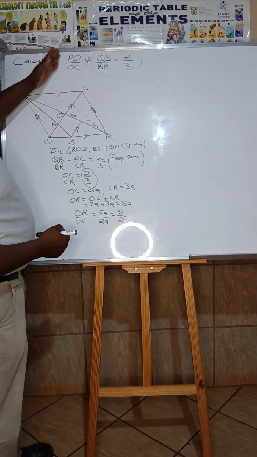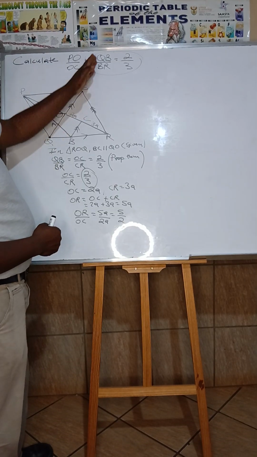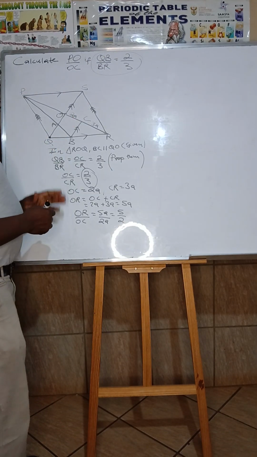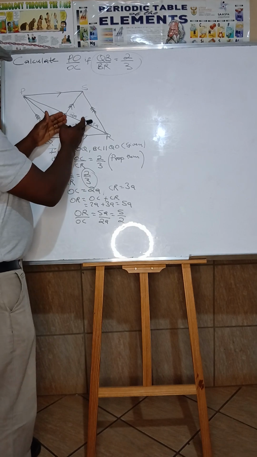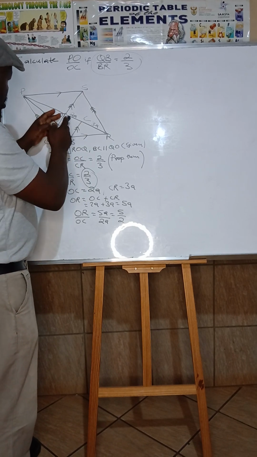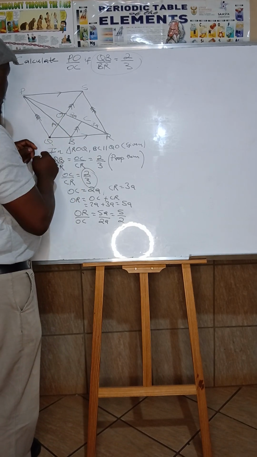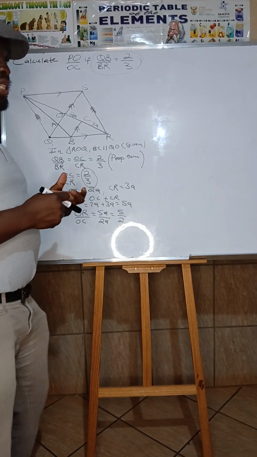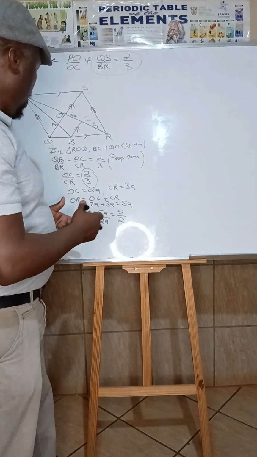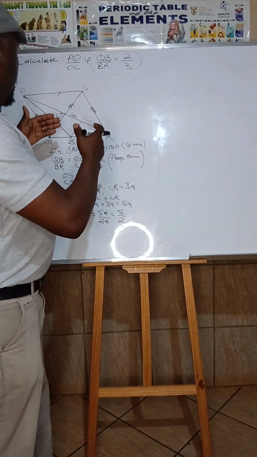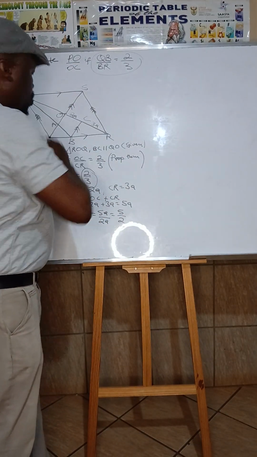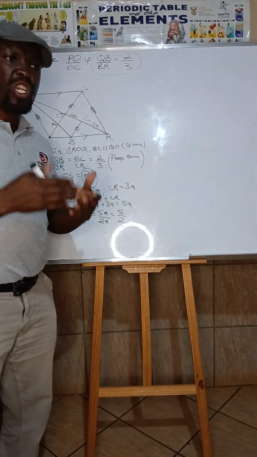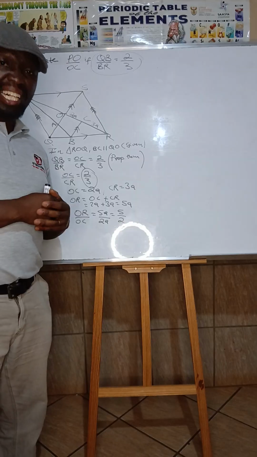But the instruction says calculate PO over OC. So let's go back to the diagram. We've got OR over there and there's PO over there. Now we have to ask ourselves this question: how is OR related to PO? We have to recall the basics which pertain to parallelograms.